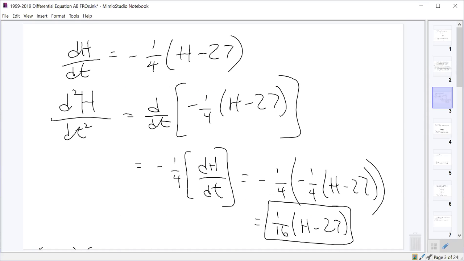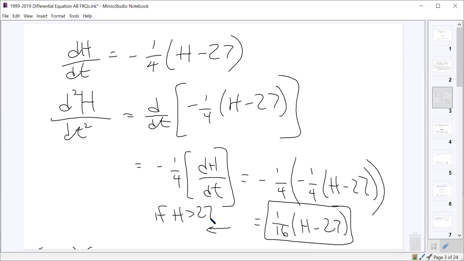Our function had a second derivative of 1/16 times h minus 27. And the problem originally said that the temperature, H, was always greater than 27. If H is always greater than 27, what can you tell me about the second derivative?